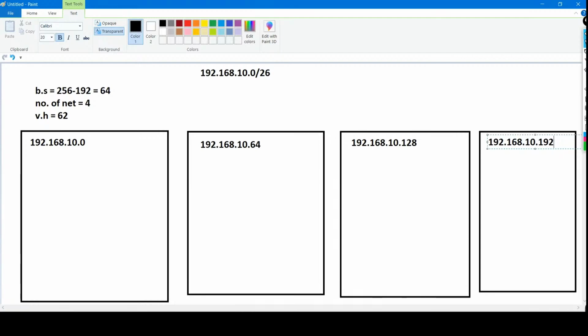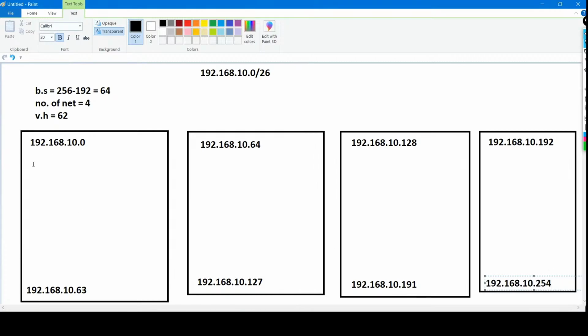Okay, so what will be the last IP address of each network? 10.63 for the first, 127 for the second, 191 for the third, and 192.168.10.254 for the fourth.